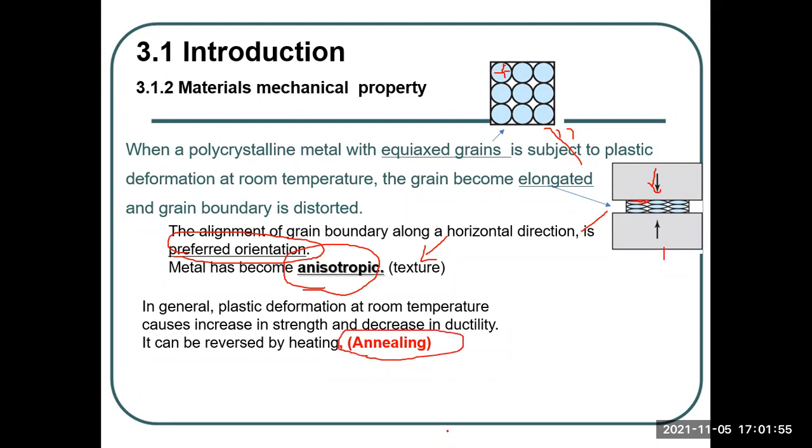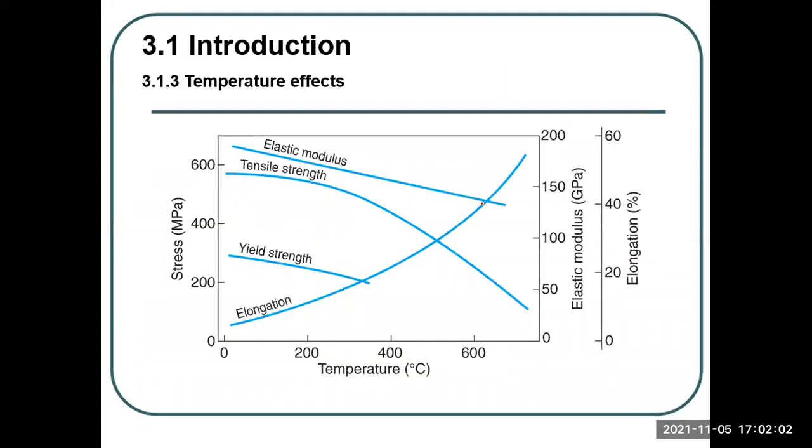You heat up, so the crystal goes through recrystallization, going back to something like this. Here you can see stress against temperature. As we said, elastic modulus, tensile strength and yield strength all reduce, except the elongation, which is ductility, which actually increases.